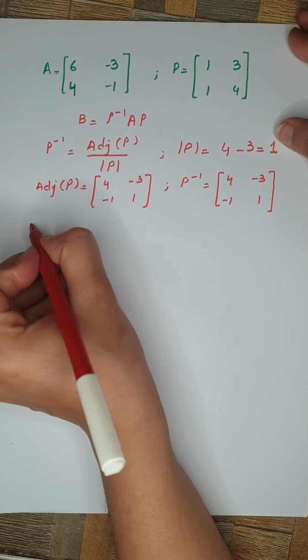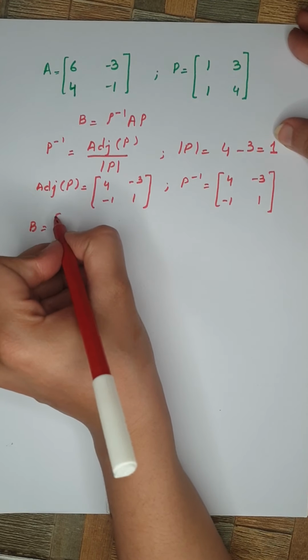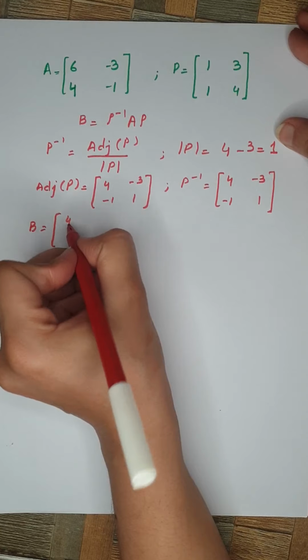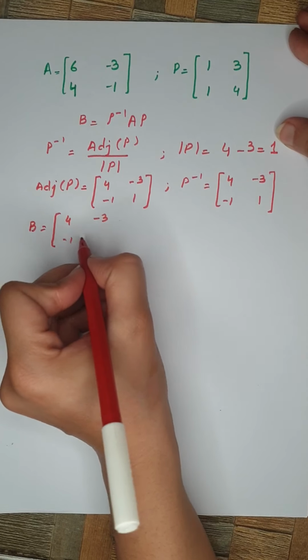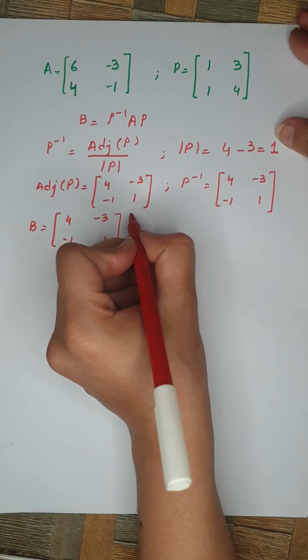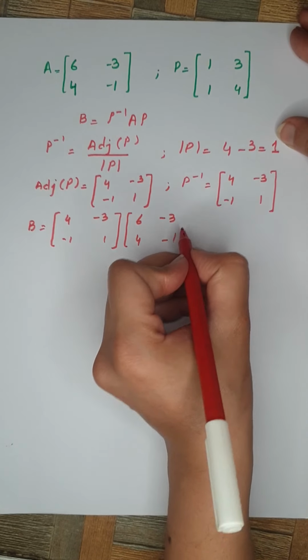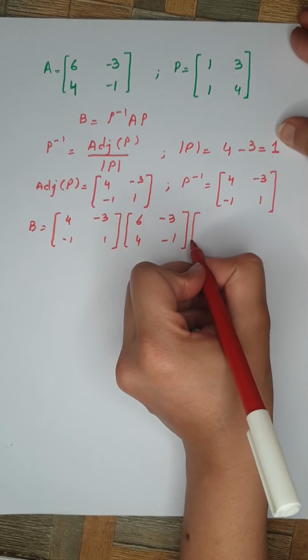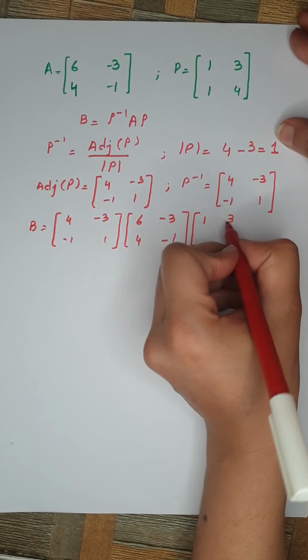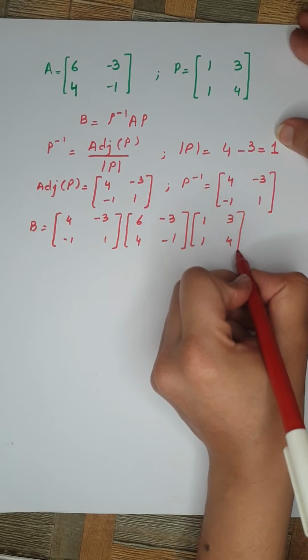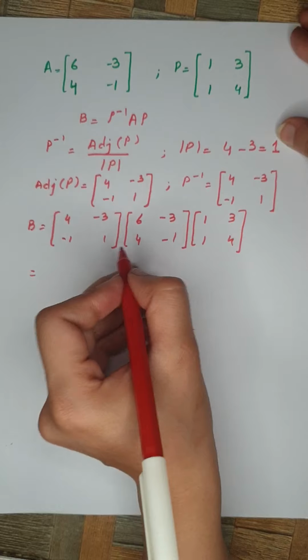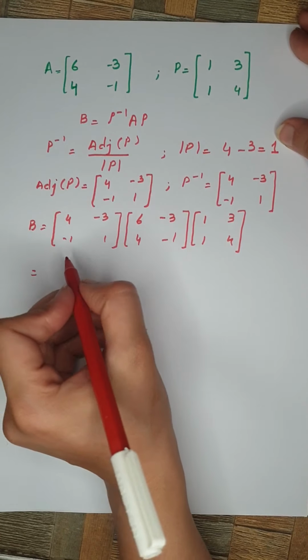Now let's find the similar matrix B, which can be determined as P inverse 4 minus 3 minus 1 1, then matrix A, which is equal to 6 minus 3 4 minus 1, P inverse, and then A into P, 1 3 1 4. As we know, we always start from the left hand side multiplication.